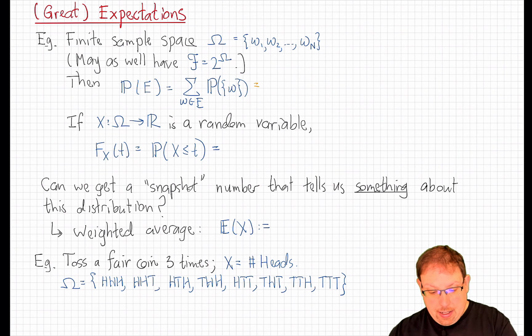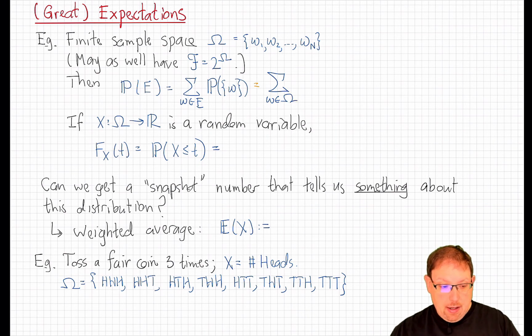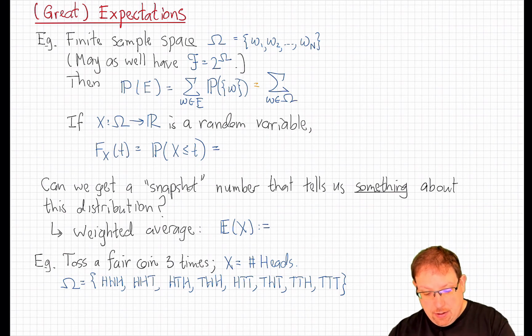And we could write that in a slightly more useful way as the sum over all elements in the sample space of the indicator that omega is in E times the probability of the singleton omega.